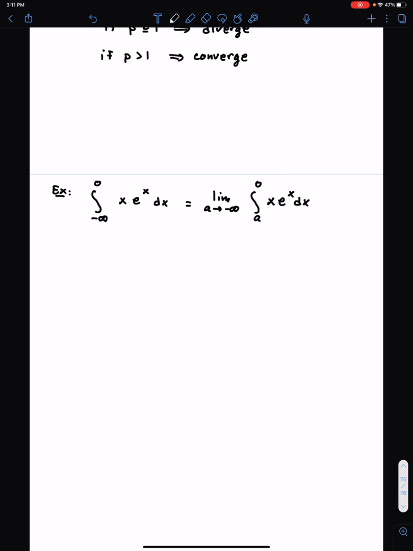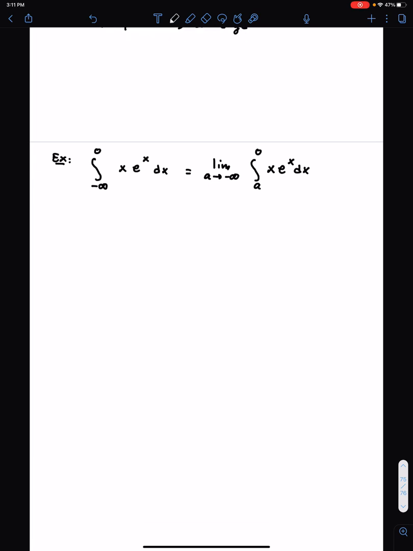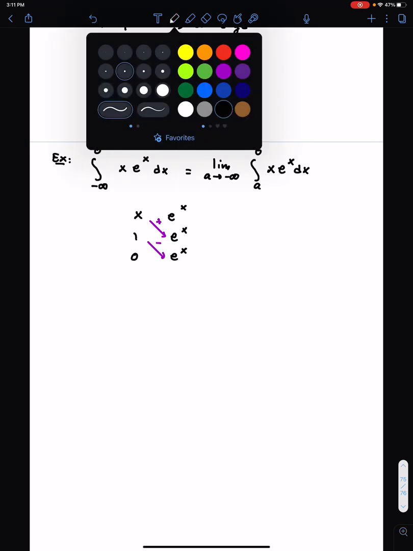So I'm going to integrate this using tabular integration. I'll make a column for x, a column for e to the x. If I differentiate the left side, and if I integrate the right side, and then multiply on an angle and alternate the signs. First sign's a plus, that sign's a minus.